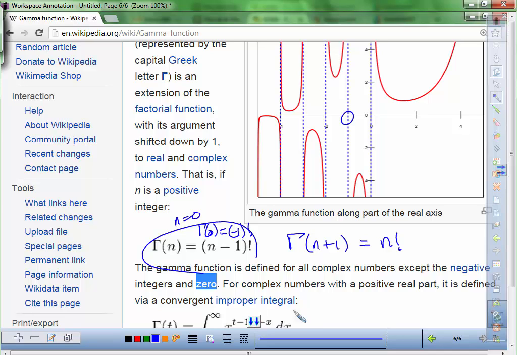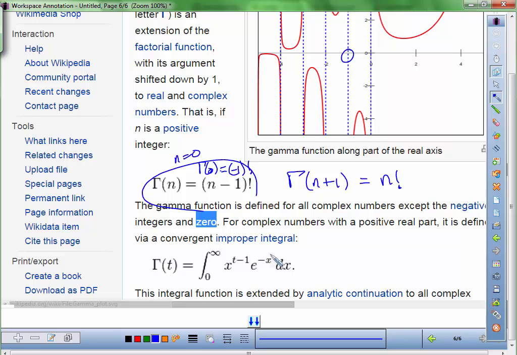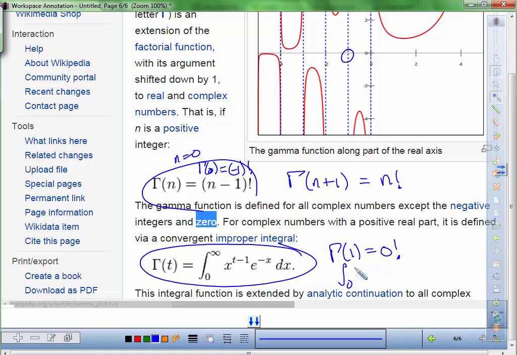If you put n equal to 1 into this integral, this is equivalent to computing 0 factorial, and this is the integral from 0 to infinity of x to the 0 times e to the negative x dx.